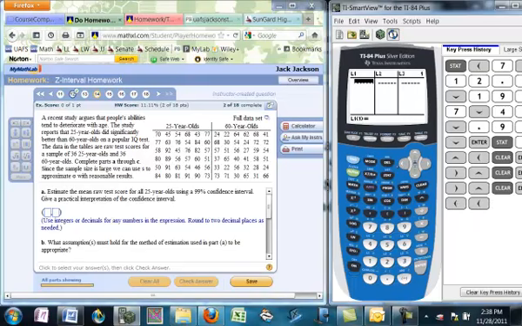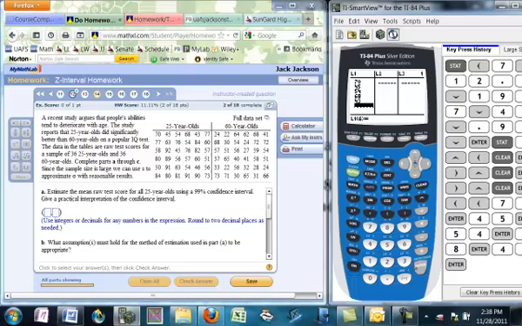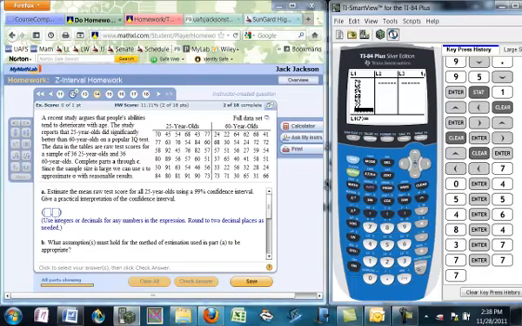Okay, but clear out list 1 and type in the data: 70, 45, 54, 68, and of course double check your typing here, because you don't want to miss a whole question just because you type in something incorrectly.